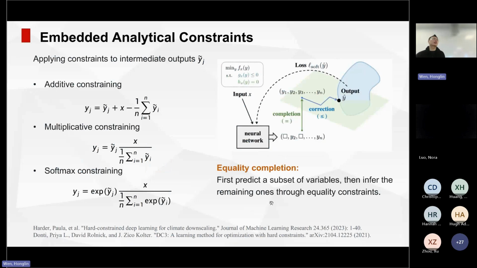For an equation, you can predict parts of the values, and use that equation to calculate the remaining ones. This idea has been used in several works, like in climate science, or even in learning to optimize.